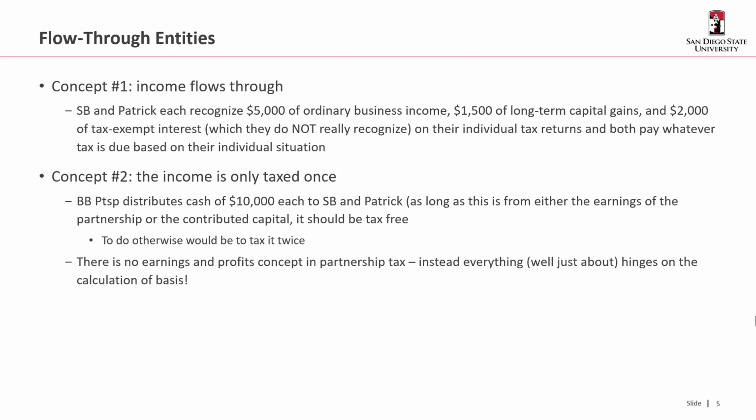But note that there is no earnings and profits concept in partnership tax. Instead, everything, or just about everything, hinges on this idea of the calculation of basis that we're going to start in the next video and continue throughout this entire series of videos. But that brings us to the end of this video 20A. Thanks for watching.